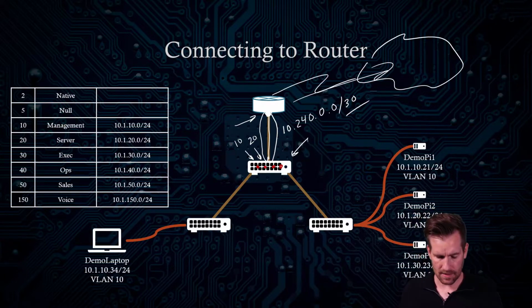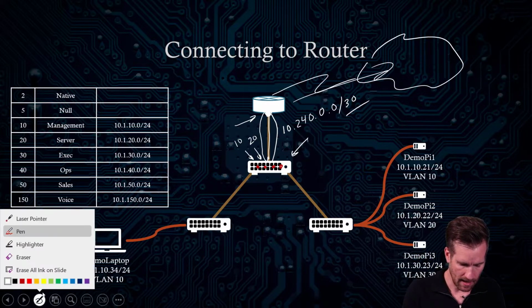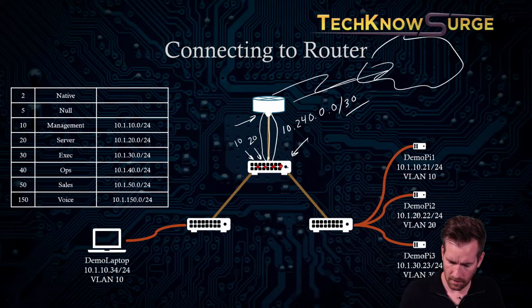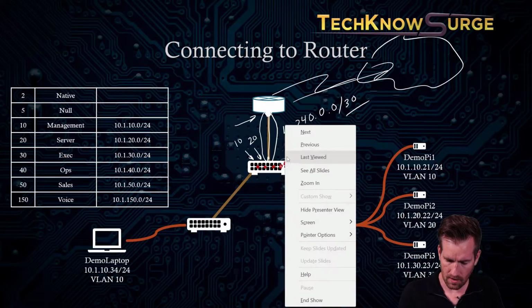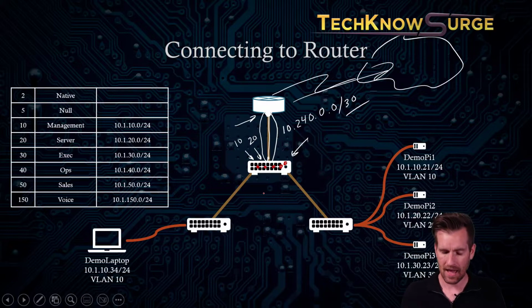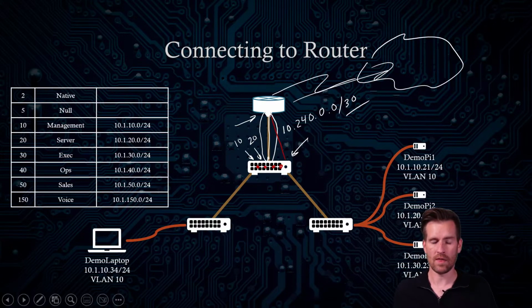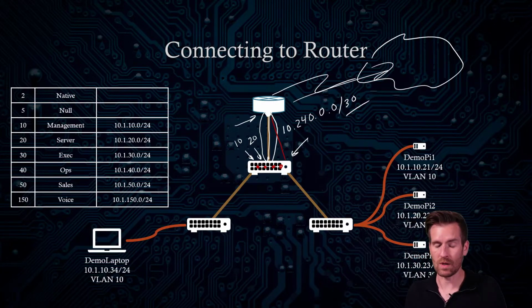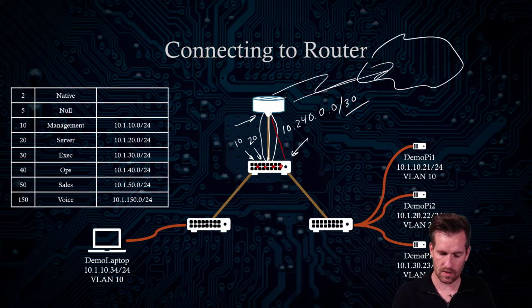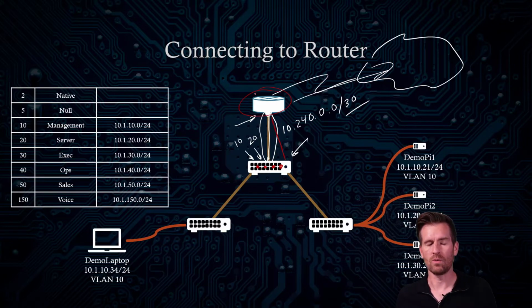The other option is we could set up a switch virtual interface on here that's going to specifically be a connection between these two devices. In that scenario, we would assign it to a VLAN, and then we would assign the port that this switch is connected into. That port we would assign to that VLAN.